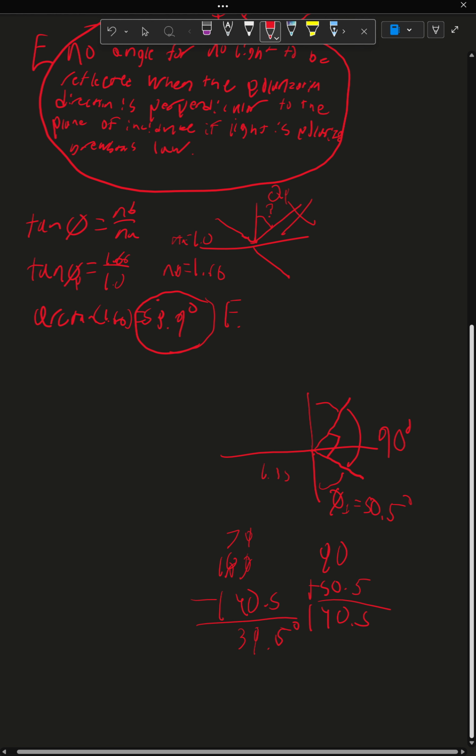So right here goes 39.5. Let's circle that. That'll be for part G.